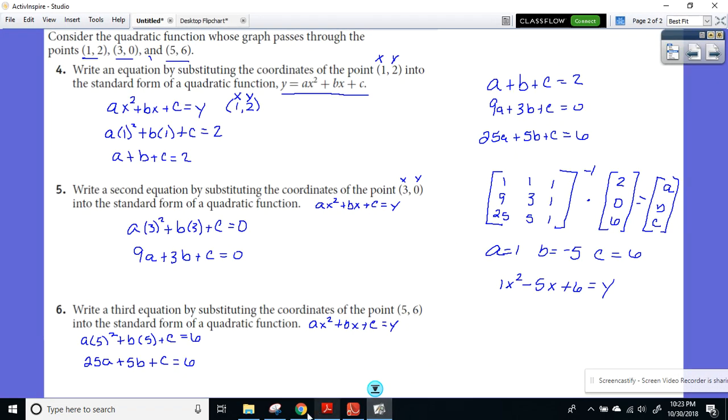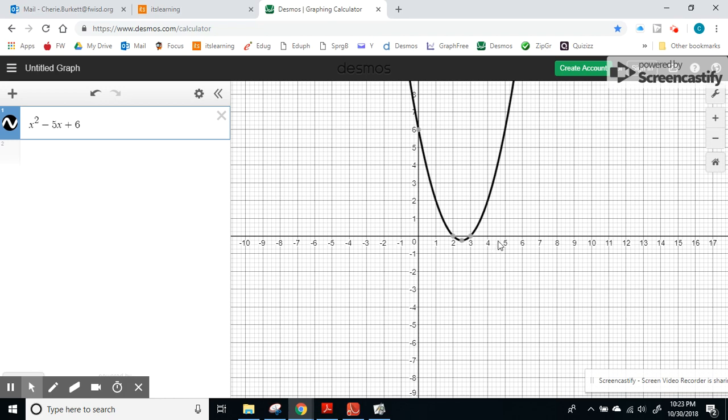And look for the point 5, 6 is right there. There we go. So we see that this quadratic, this equation, did pass through all 3 of those points.